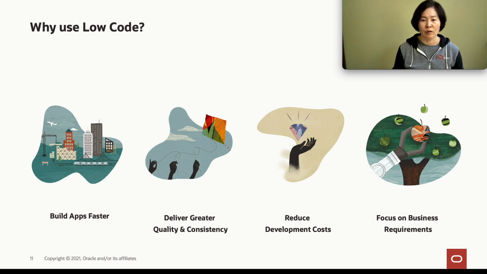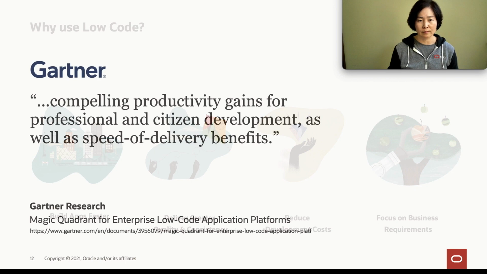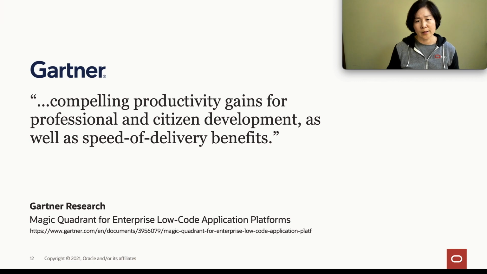For example, you don't have to write code to manage session state, monitor the application, secure your application, or worry about your applications being accessible, working across different browsers, and being responsive on different devices and user interfaces. All of these are taken care of for you by the low-code platform. Gartner says the reason someone will choose a low-code platform is for productivity and speed of development.